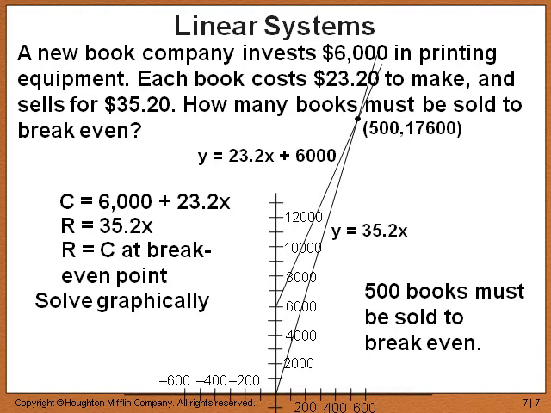When I sell 500 books, my cost equals my revenue. And that cost and revenue is the y-coordinate, $17,600. But to answer this question, you need to give the x-coordinate, since the x-coordinate represents the number of books sold, and that is 500.